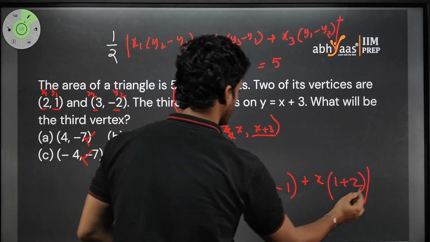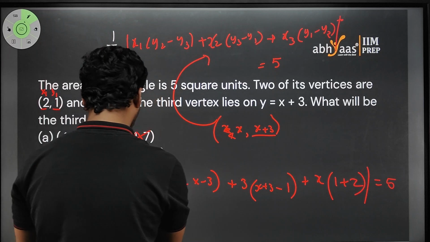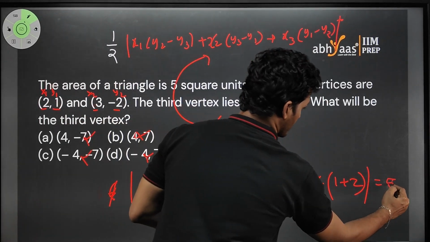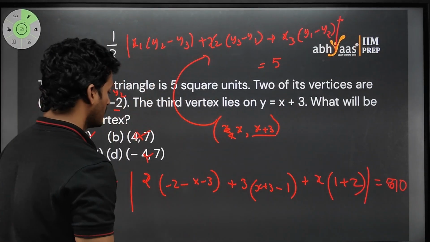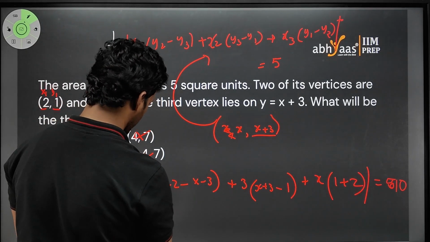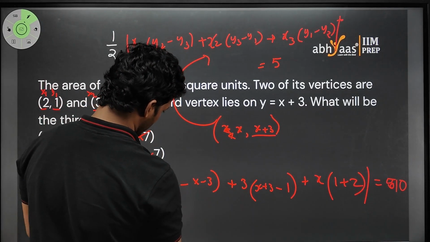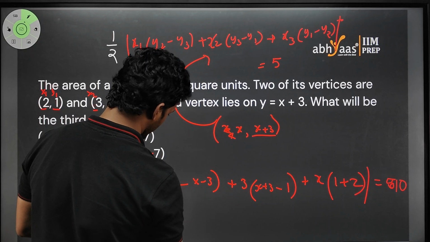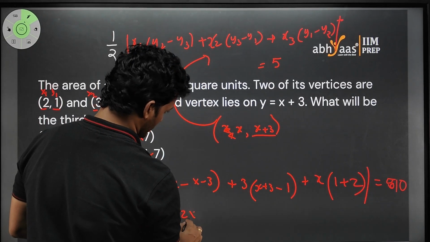This has to be equated to 5, so half of modulus becomes 10 here. If I solve this, I'll get an equation in x. Let us see that. Minus 5 minus x, it will be minus 10 minus 2x.